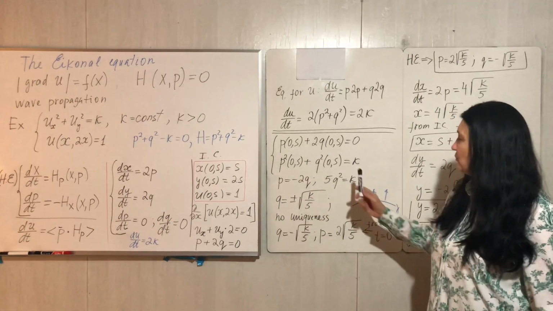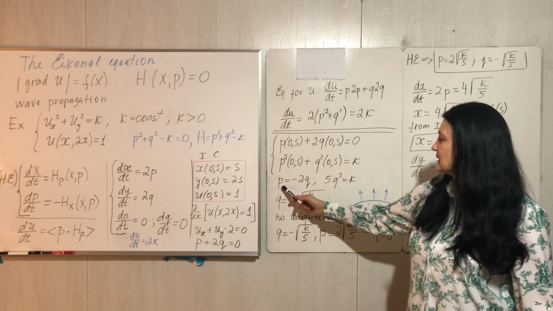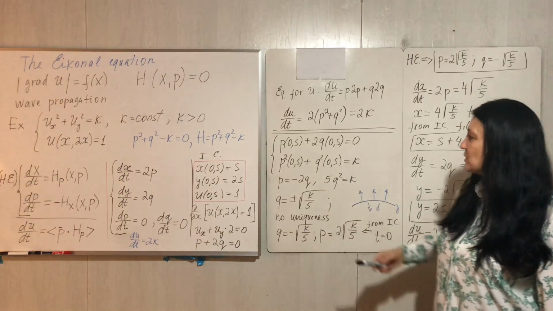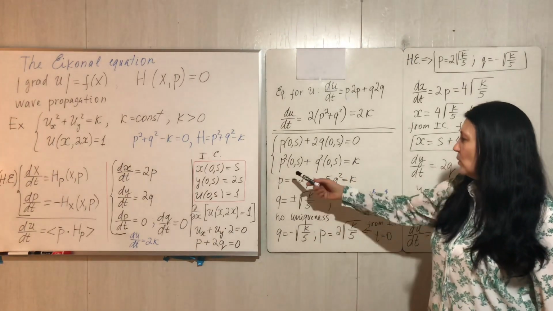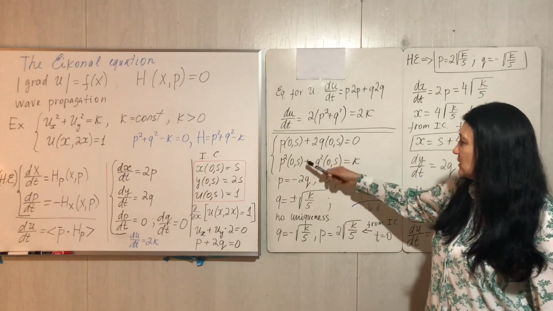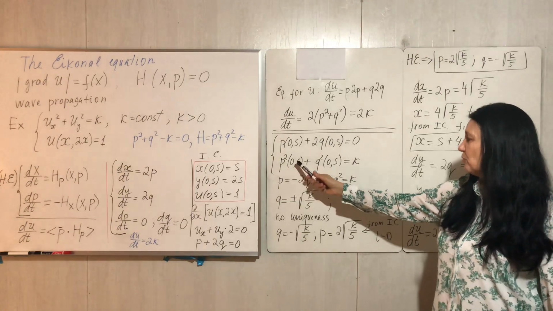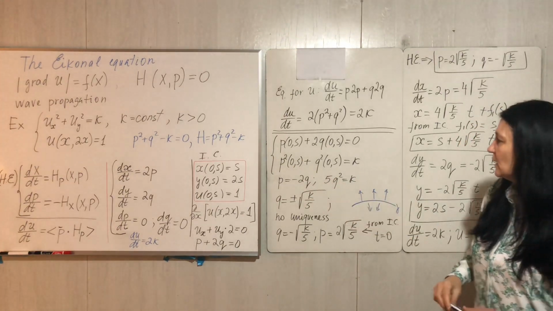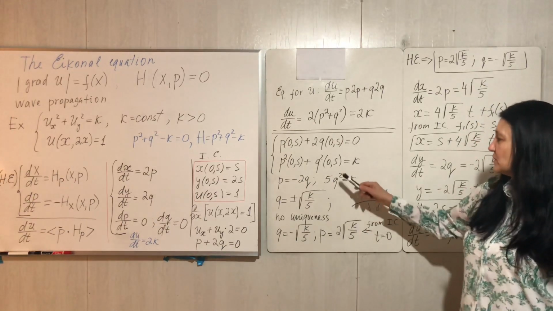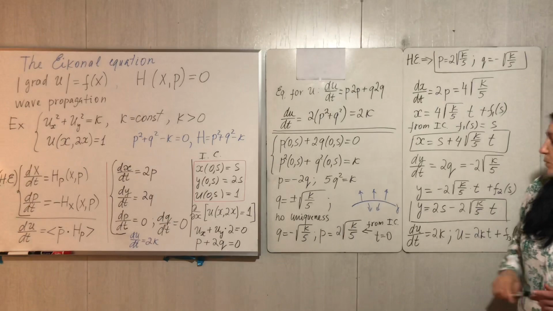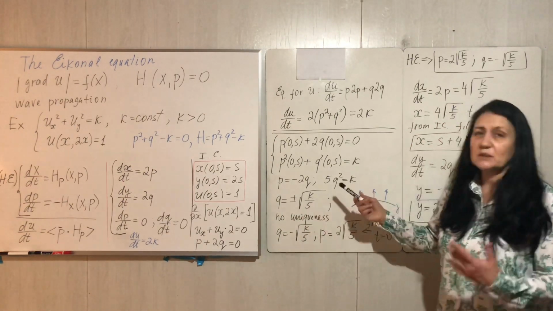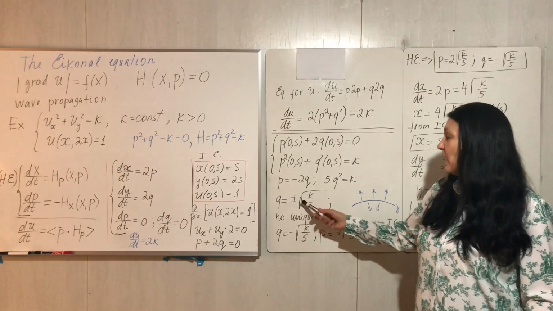We can solve, for instance, the first equation and say that p equals negative 2q, and then plug this into the second equation. So then here it will be 4q squared plus 1q squared, so 5q squared equals k. And then we want to solve for q, but when we take the square root, we can have plus or minus.